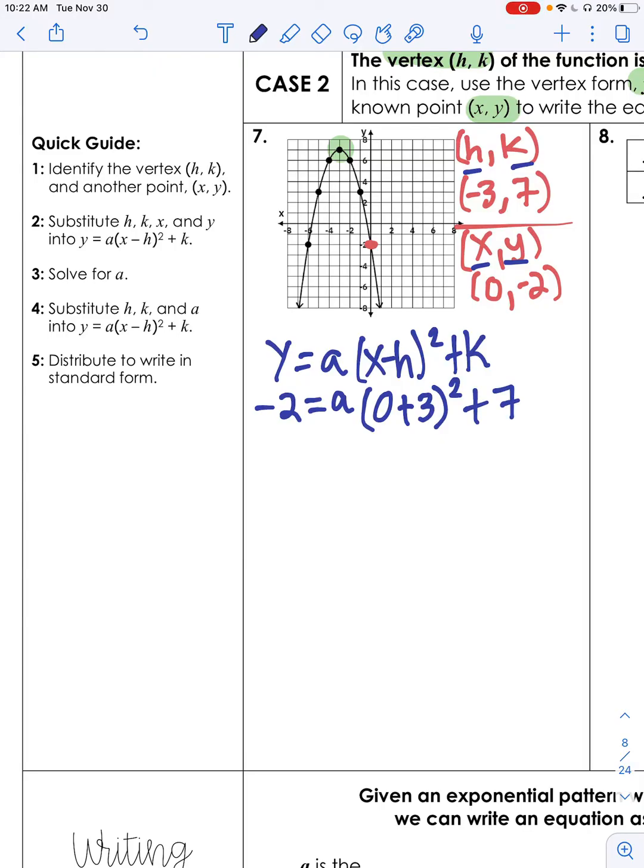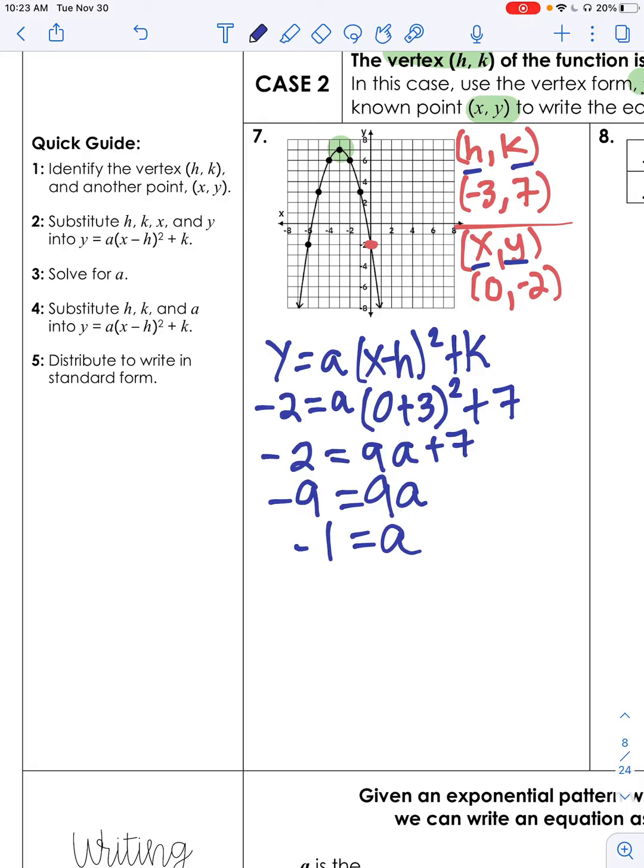All right, so we're going to solve for a. Step 3, we'll solve for a. So -9 equals 9a, -1 equals a.